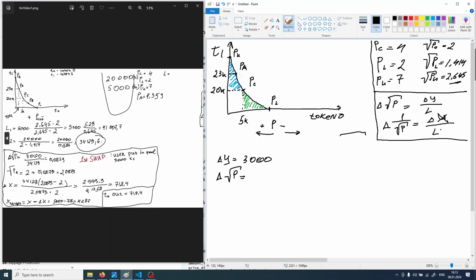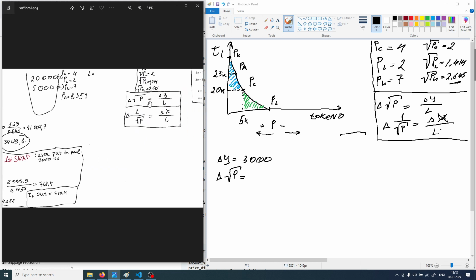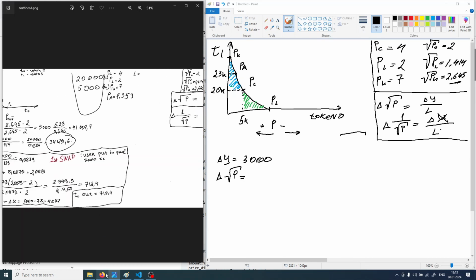We can do this by this formula: delta square root price equals delta y divided by liquidity.